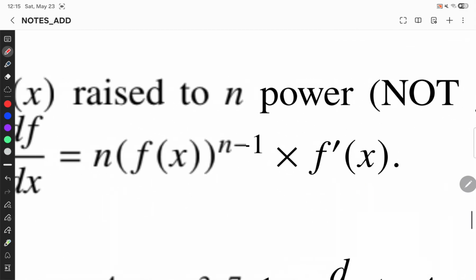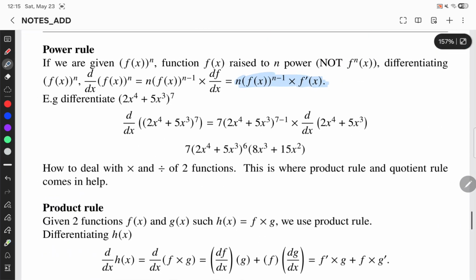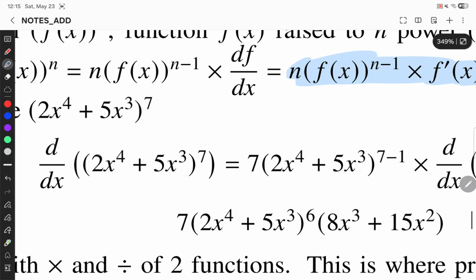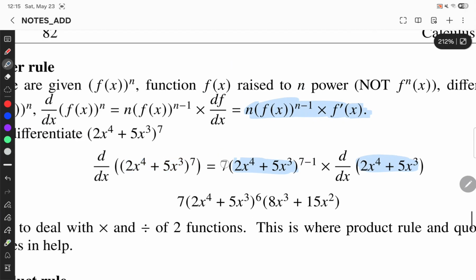So following this is what we have to do, unfortunately. If you ever get something like this, differentiate the inner function, we can have it inside here, no worries, but we have to multiply by the derivative of this as well, and of course be careful about the brackets.